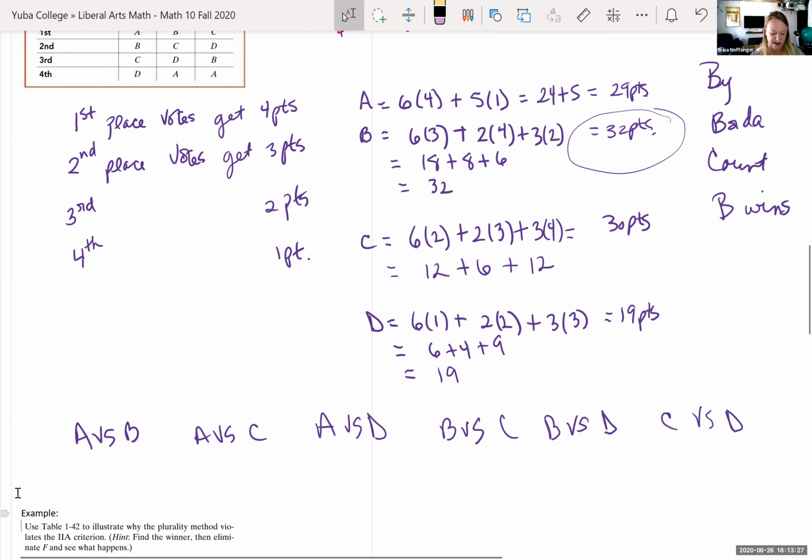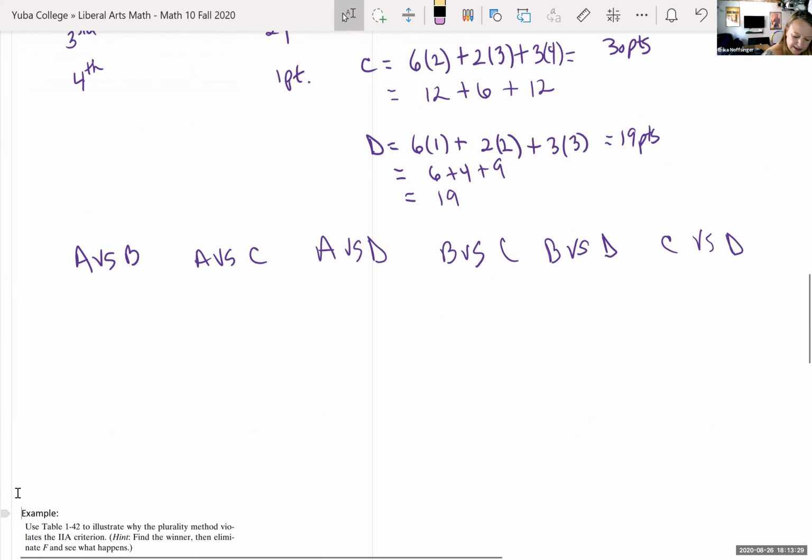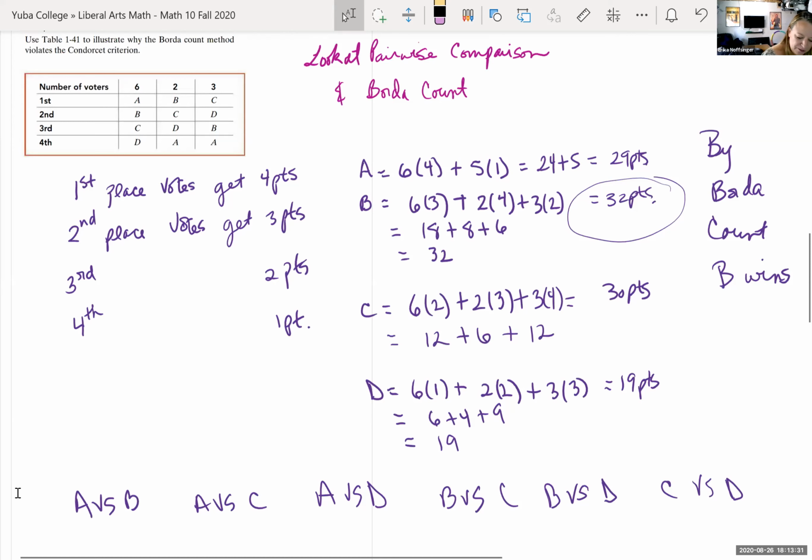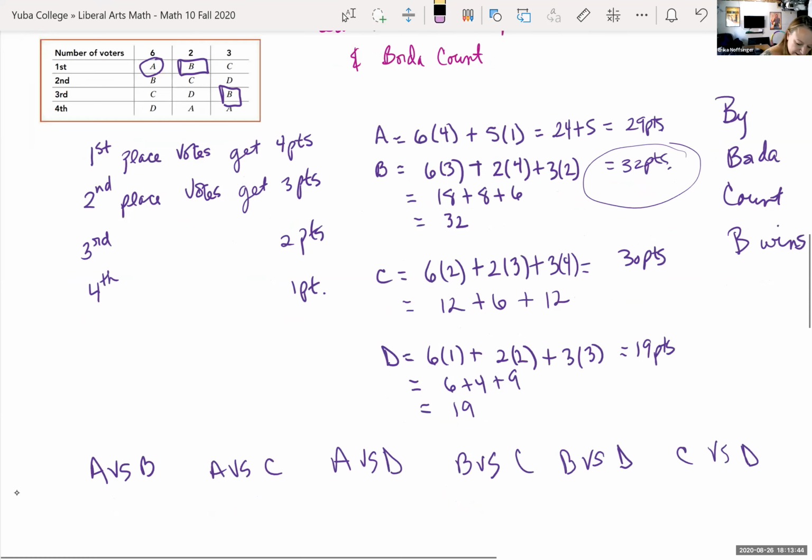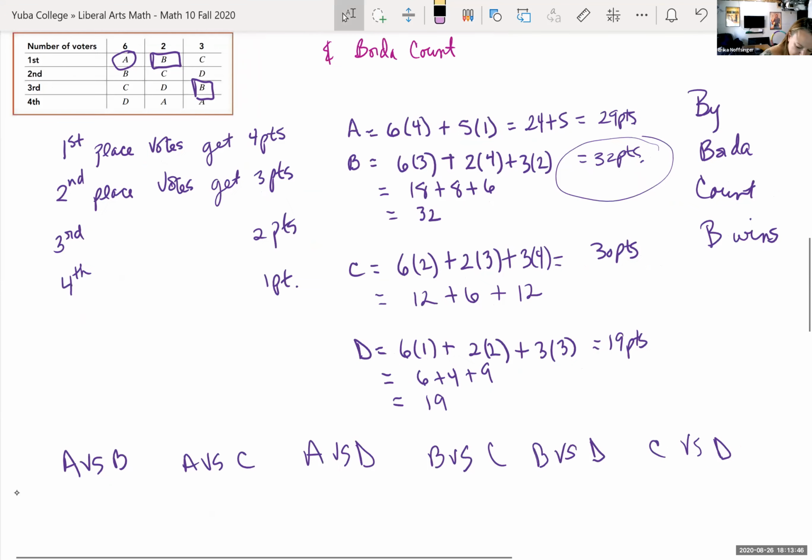Who ranks higher in each of the categories? Okay, so if I was just looking at A and B, A wins here, B would win here, and B would win here. So looking at this, 6 versus 5. So A wins this match.